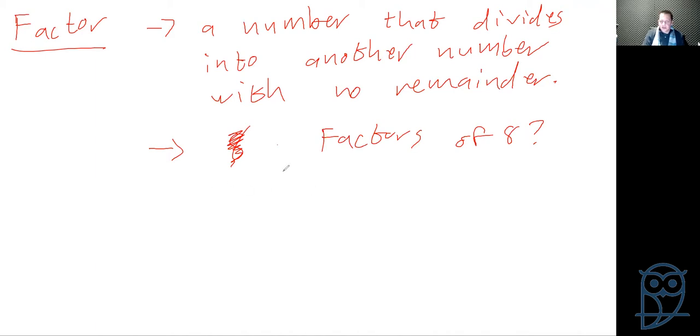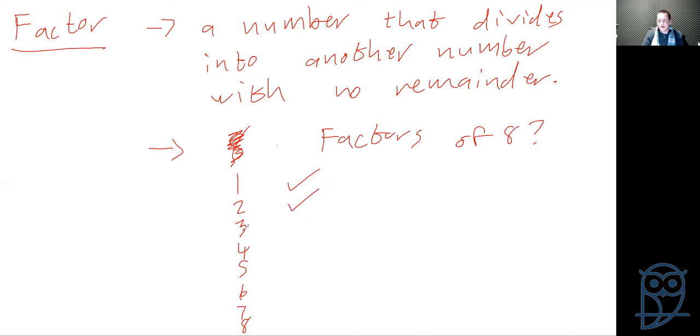Well, can I divide 1 into 8? Because I could have 1, 2, 3, 4, 5, 6, 7, 8. And factors are only whole numbers that we're looking at. Does 1 divide into 8? Well, yes, it does, because 1 divides into everything. Does 2 divide into 8? Yes, it does. Does 3 divide into 8?